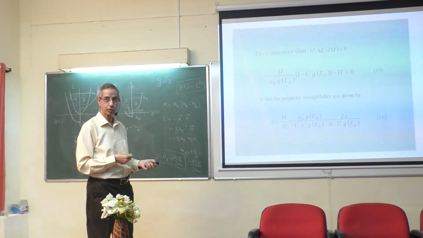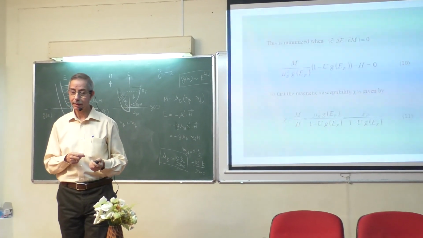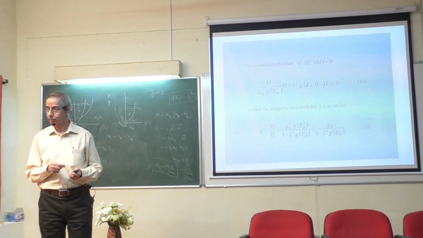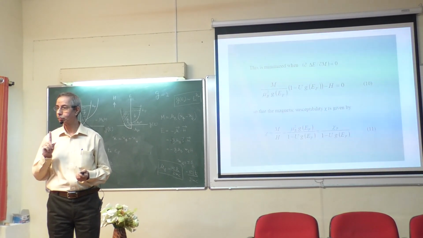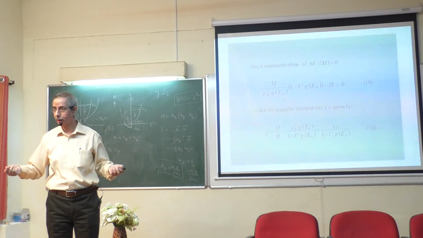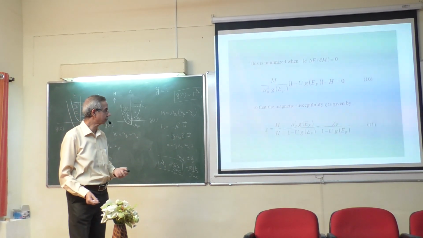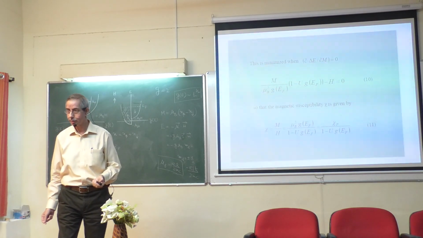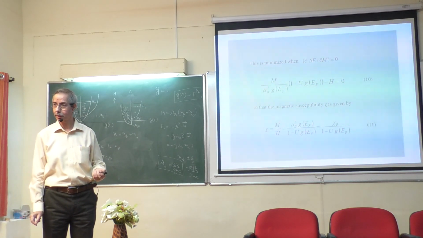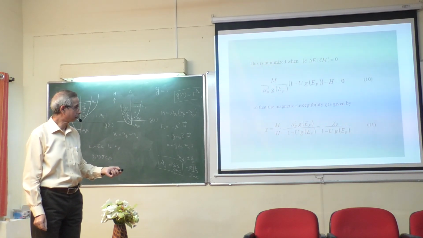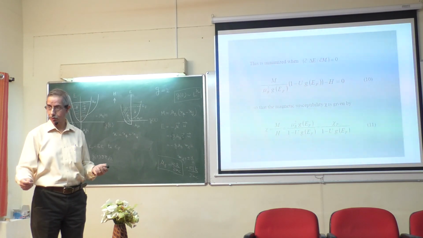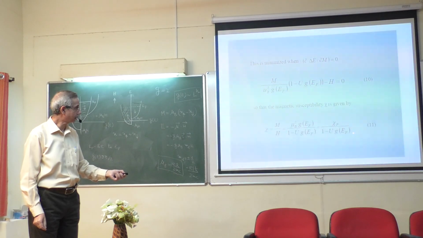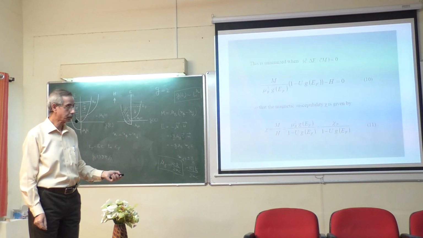Okay? So now what do you see? You see that when you do not take into account the Coulomb interactions, so U is 0, then the susceptibility that we measure is just practically the Pauli susceptibility. But with the Coulomb interactions and also the molecular field, it has brought in this factor.